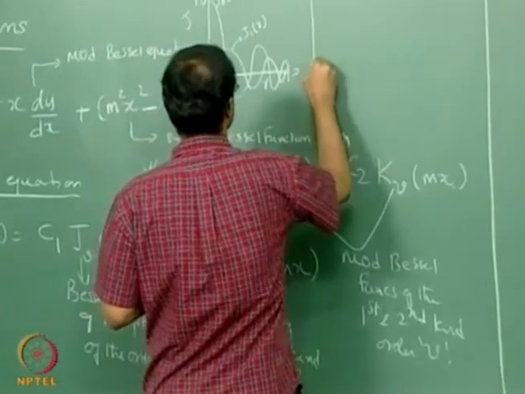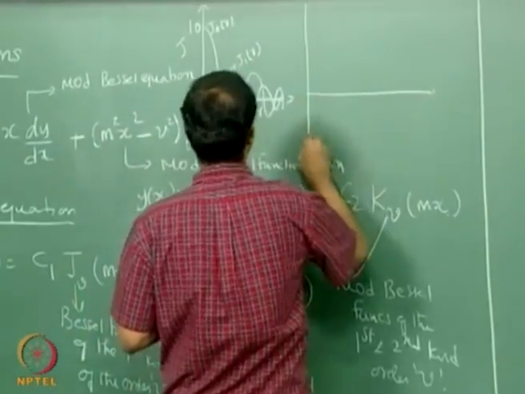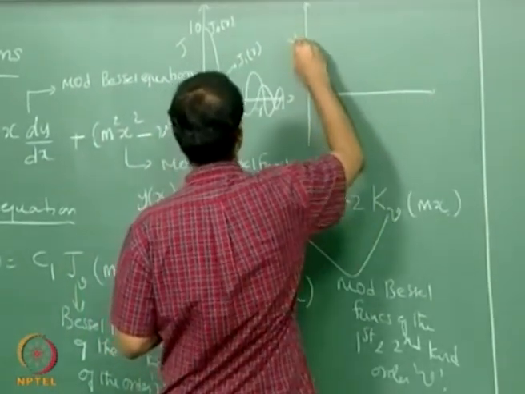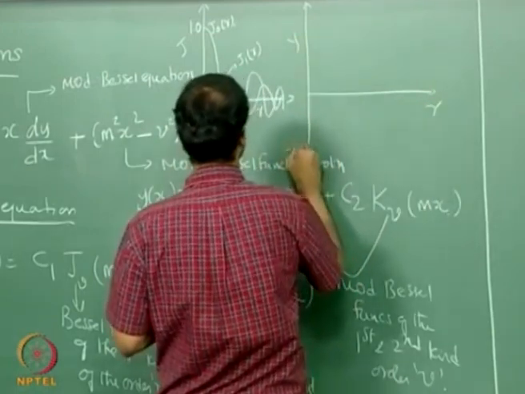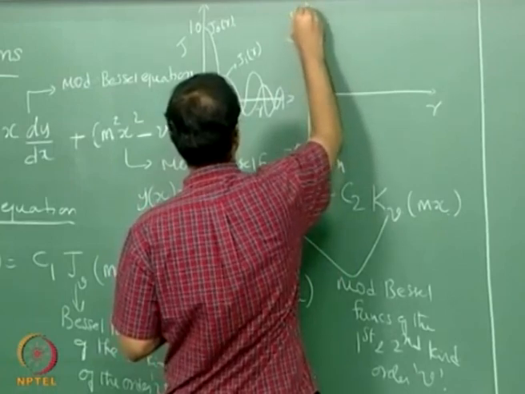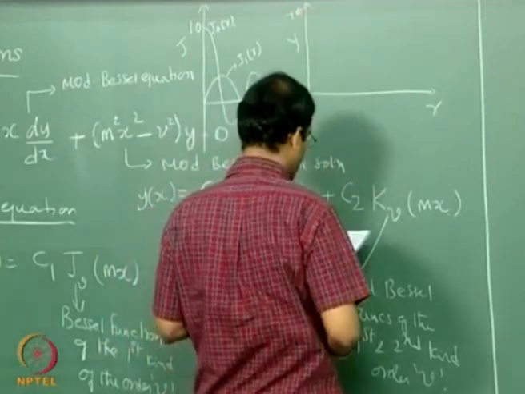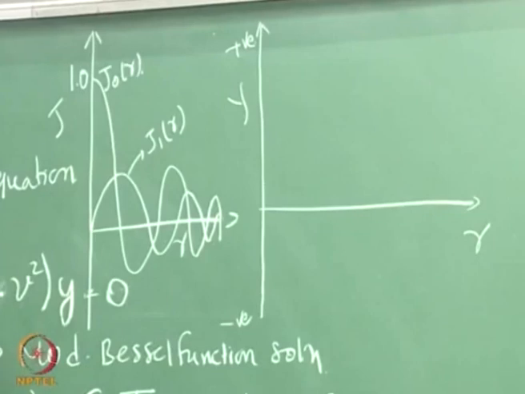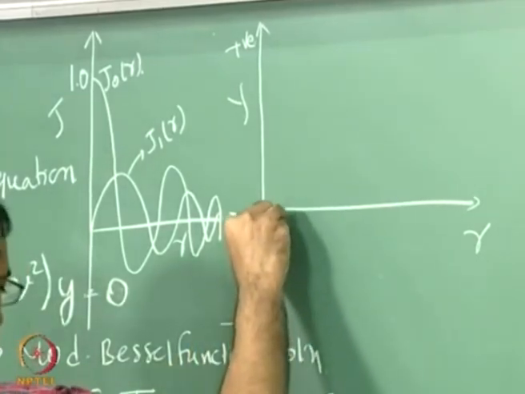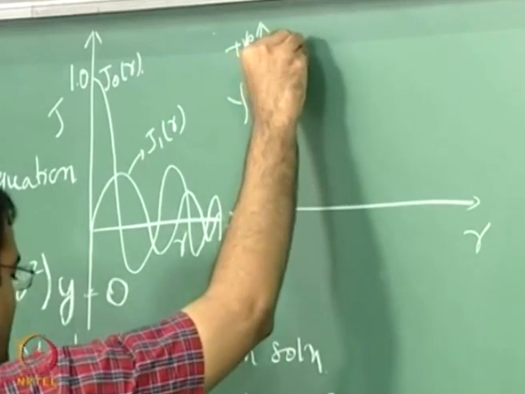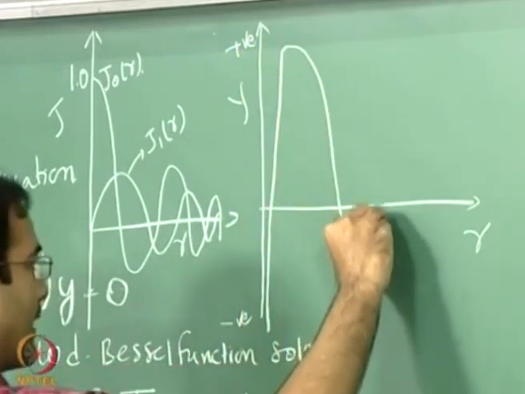Similarly, if you draw the Bessel function of the second kind, that is your Y as a function of r, this is negative, this is positive here. The 0th order Bessel function of the second kind at r equal to 0 will start from infinity and it will increase to a positive value and it will be oscillatory again.